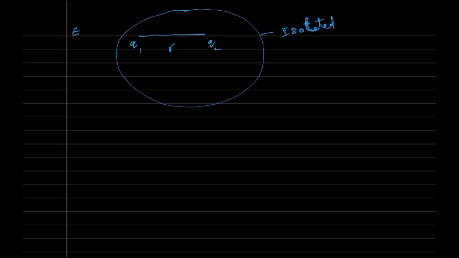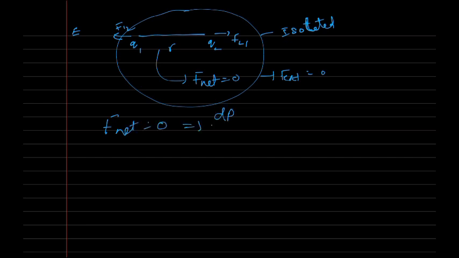Now if you clearly see, F21 is acting in this direction and F12 is acting in this direction, right? The net force inside the system is 0. F net is 0, F external is also 0, right? So the net force is 0 again. Whenever it comes to a discussion of net force 0, we can have the relation dp by dt is equal to 0.